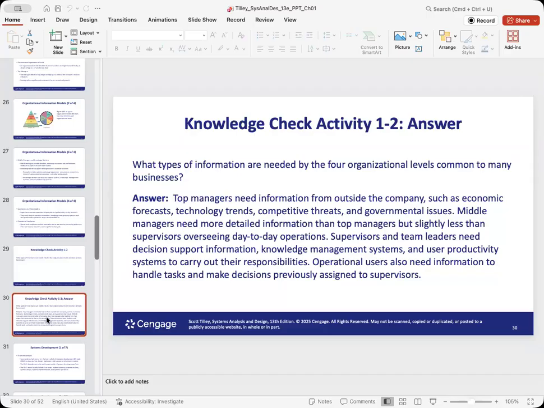They need these 3 or 4 systems in order to carry out their activities. And then the operational users, all that they need is information that will help them to handle their task and make decisions that are assigned to them by their supervisors.